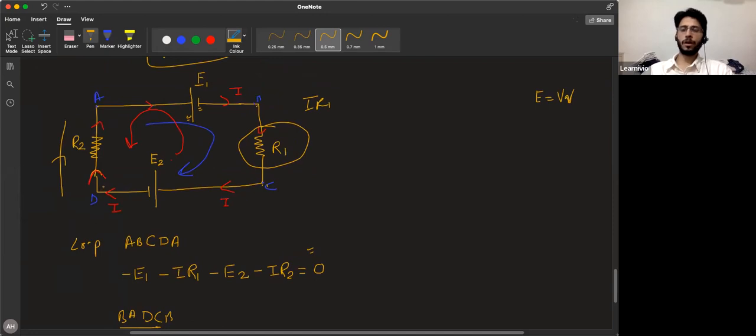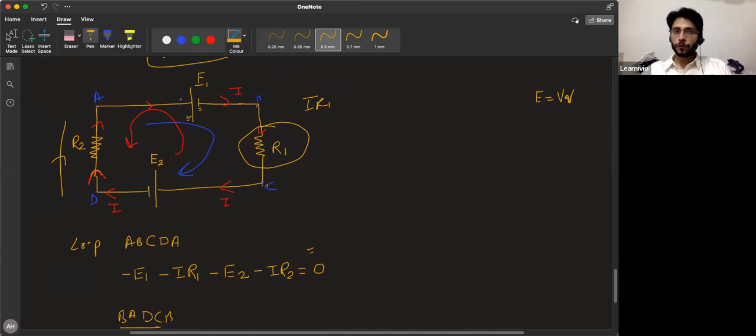It will be rise or fall? You're going from A to D. Okay, so you have a resistor. Are we going from higher to lower potential, or are we going in the direction of current or a direction opposite to that of current? A to D, Kinza. Direction opposite.